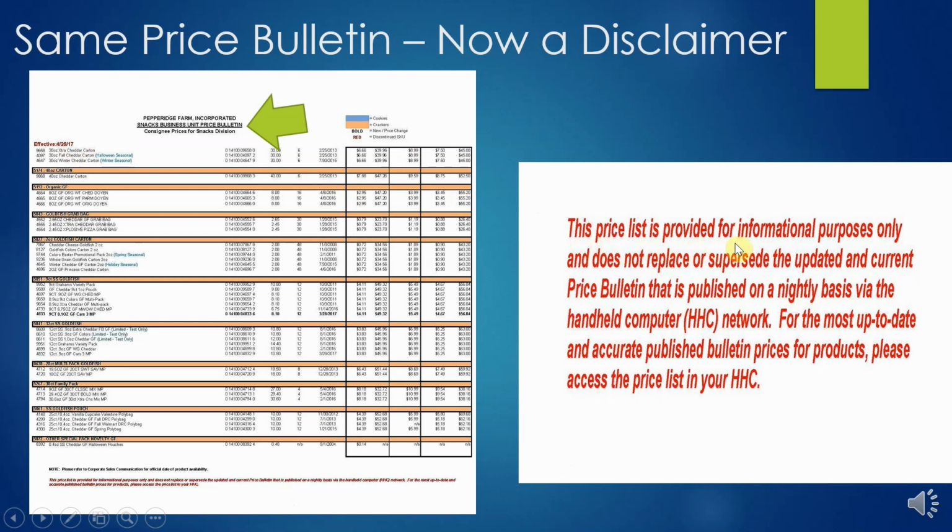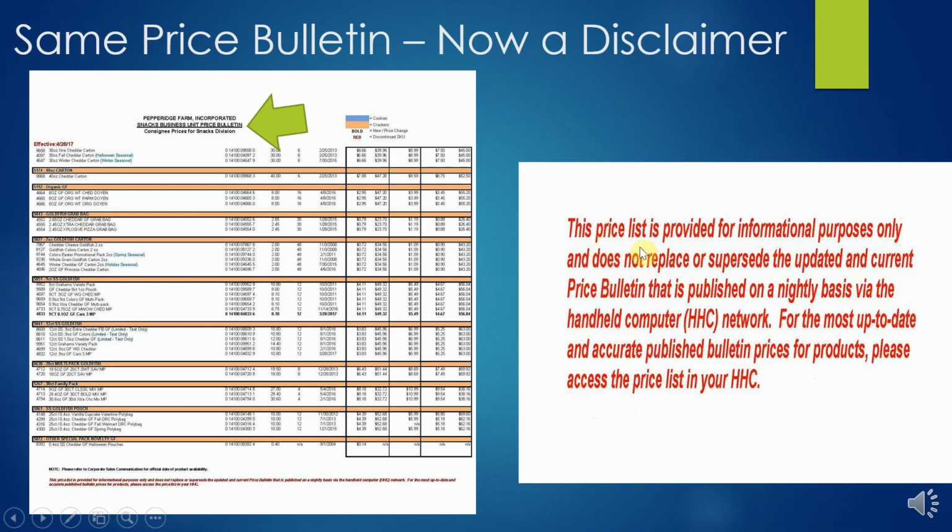This price list is provided for informational purposes only and does not replace or supersede the updated and current price bulletin that is published on a nightly basis via the handheld network. For the most up-to-date and accurate published bulletin prices for product, please access the price list in your handheld.